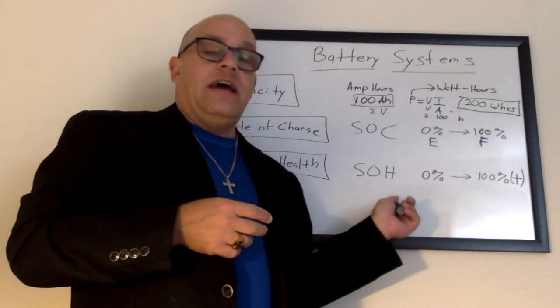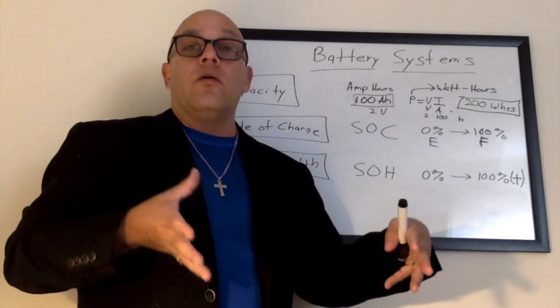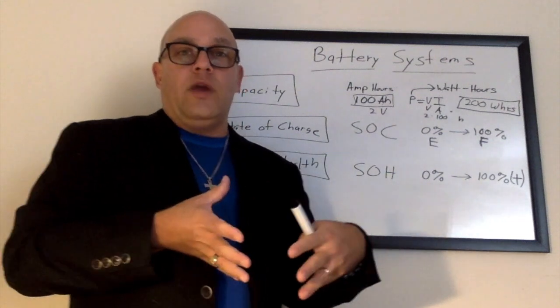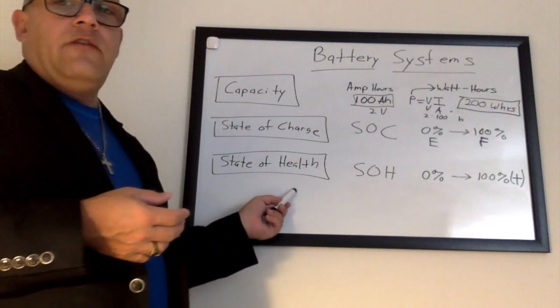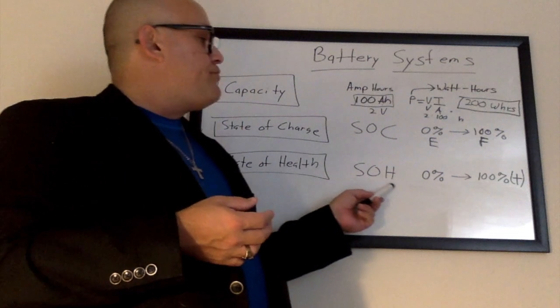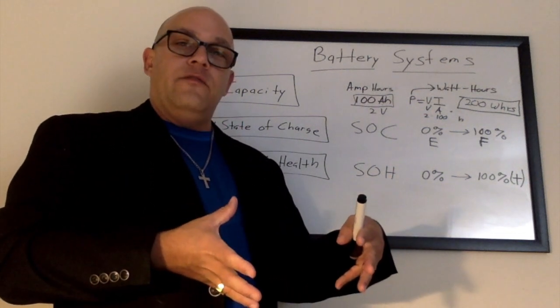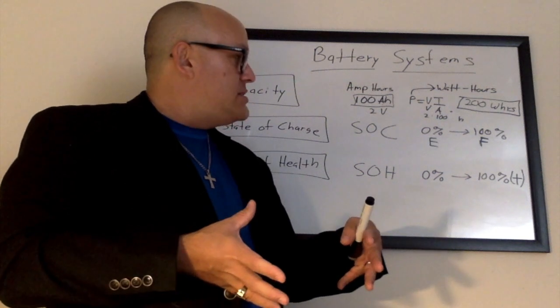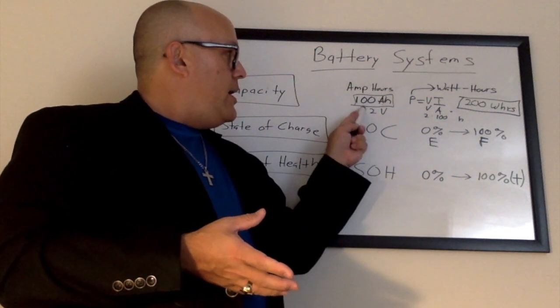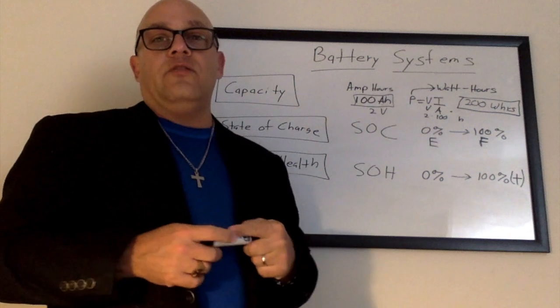So that's why we have to have state of health, because the gas tank or the electron tank in the batteries is going to shrink. That's why we have state of health. So state of health is the percentage size of the gas tank or the electron tank, as it were, as a ratio of the manufactured capacity.